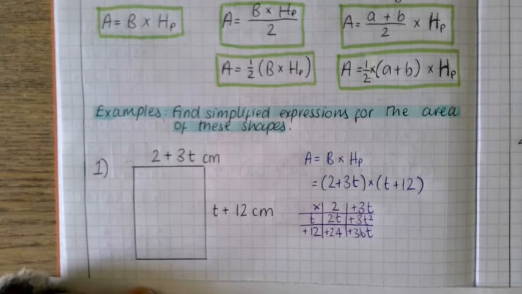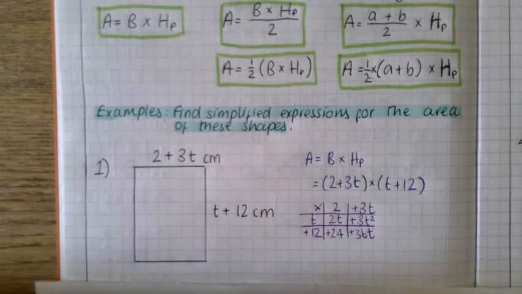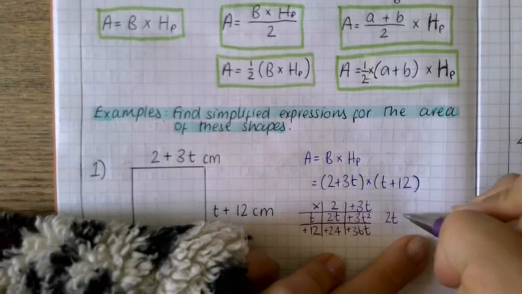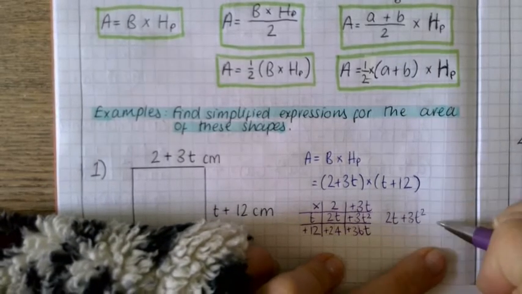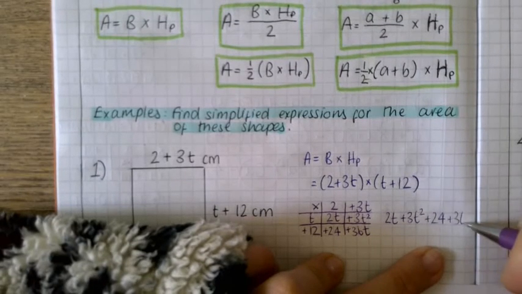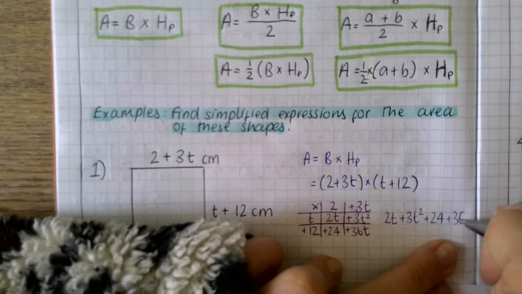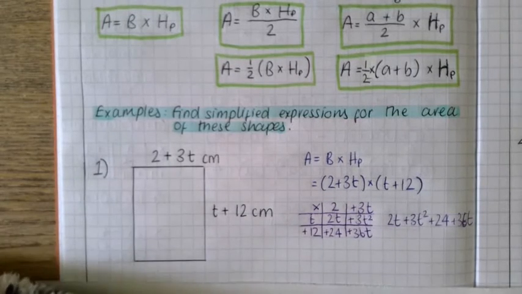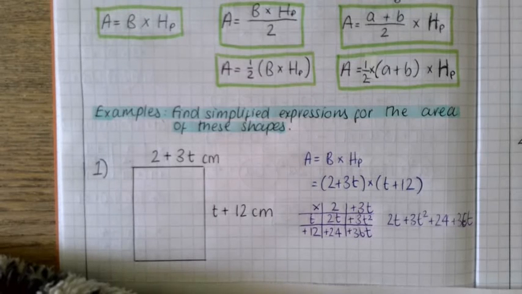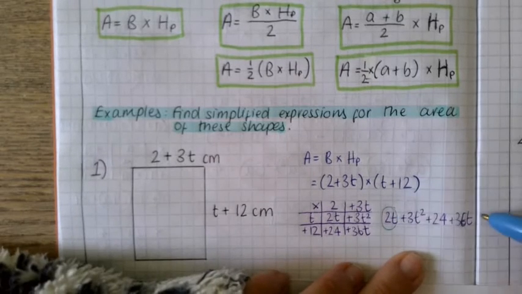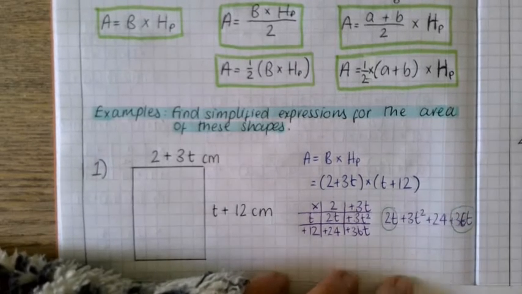Now I know that I have to add all of these together, so I'm going to have 2t plus 3t squared plus 24 plus 36t. And I need to collect my like terms, and I can see here that I have like terms with positive 2t and positive 36t.